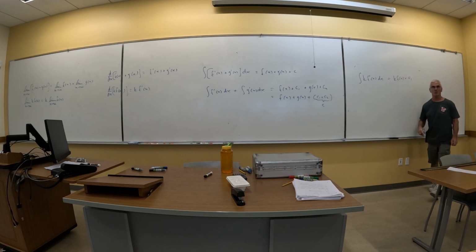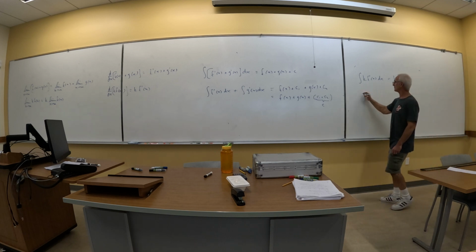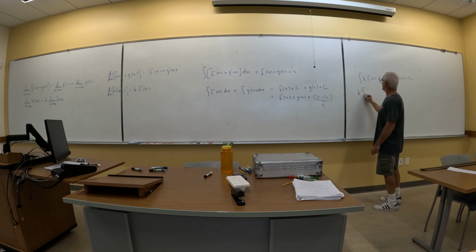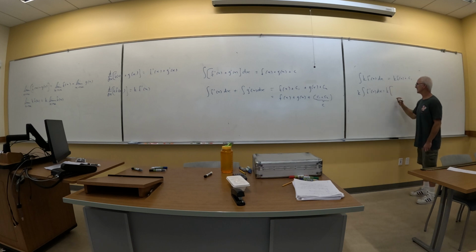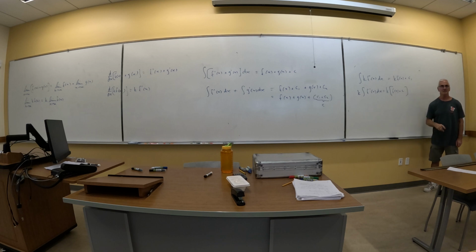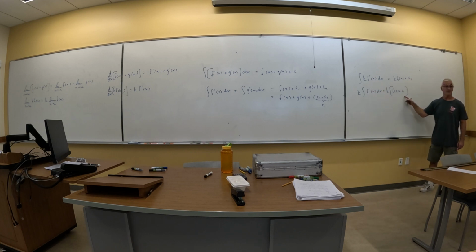I'll just say plus some arbitrary constant. Now, if I do this, won't this be k times f of x plus some c? By the way, the c I get here can't be the same as the c I get here because these two functions are not the same. What's this?